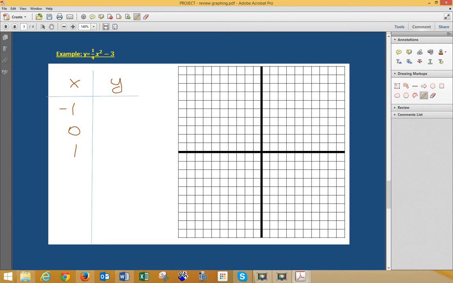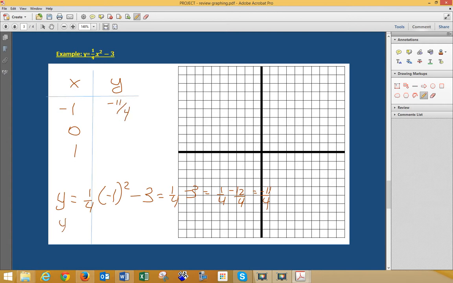So when x is -1, so -1 in for where the x is in the equation, that equals 1/4 minus 3. So that's going to be 1/4 minus 12/4, which equals -11/4.